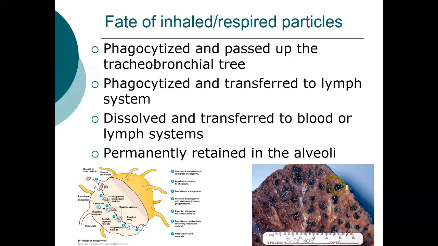And what's left behind is this black soot. About a third of deaths caused by lung disease, such as emphysema, are the result of this type of deposition of material.